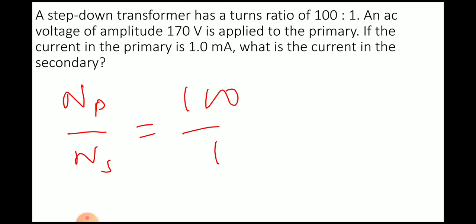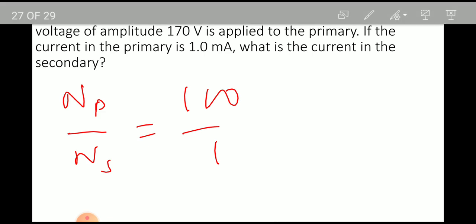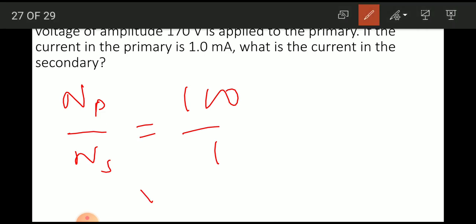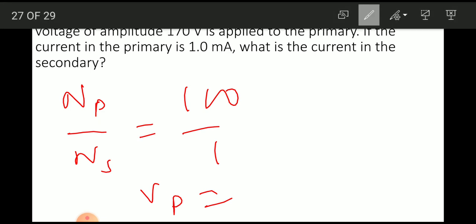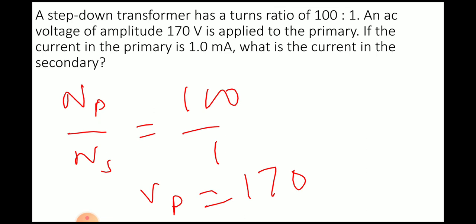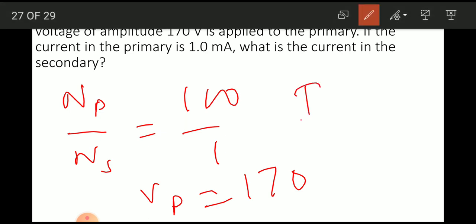An AC voltage of 170 volt is applied across the primary coil. Voltage at the primary coil, Vp, is 170. If the current in the primary coil Ip is equal to 1 milliampere, what is the current in the secondary?